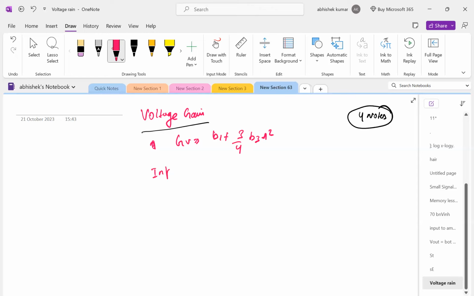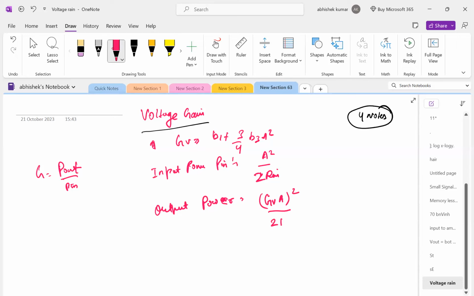We know input power P input equals a square by 2 R in, and the output power equals what? Gain equals P output by P in, so output power will be gain into P in. We can write Gv a square in place of a, over 2 R out.